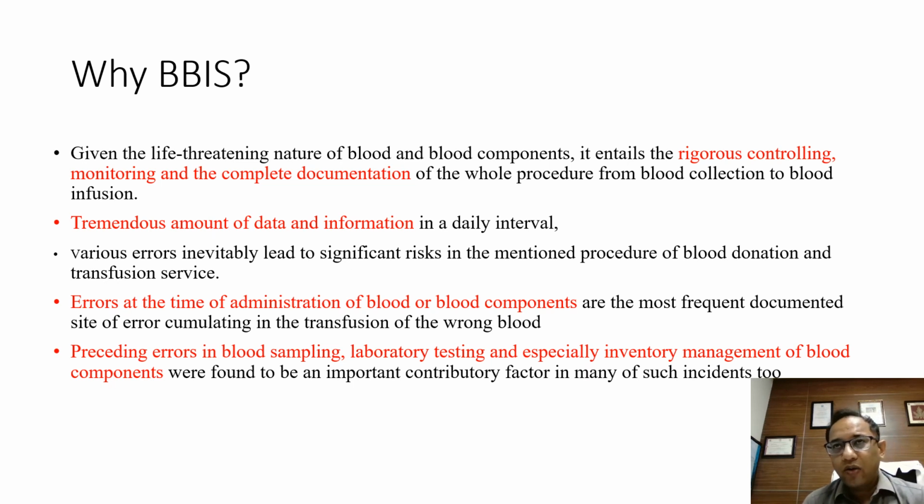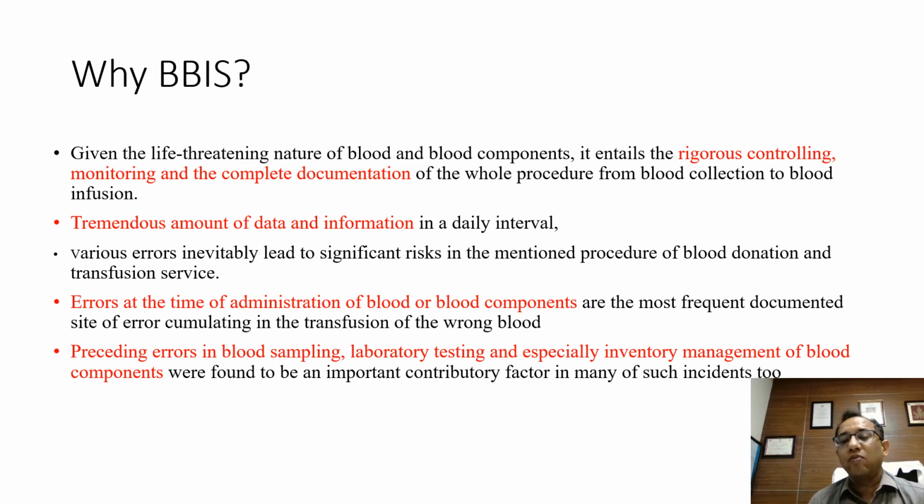See, what we are trying to do here is transfuse blood and blood components, which can sometimes be very life-threatening, maybe because of the patient's condition or maybe because of the blood that you are transfusing, which may not be compatible at times. So it entails rigorous controlling, monitoring, and complete documentation of the whole procedure, from blood collection to blood transfusion. A tremendous amount of data and information is produced daily, and various errors may happen at different points in the processes that we just checked.